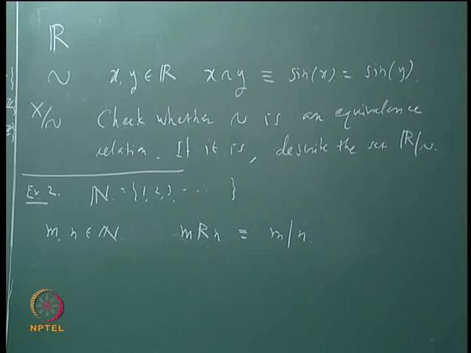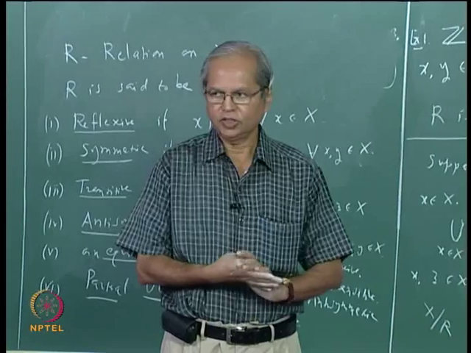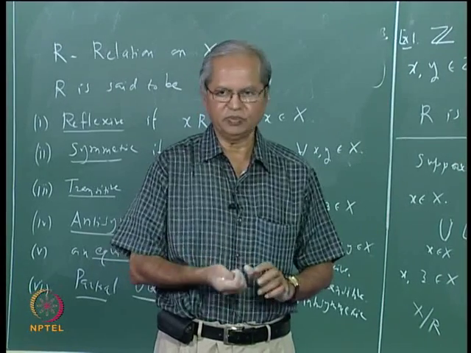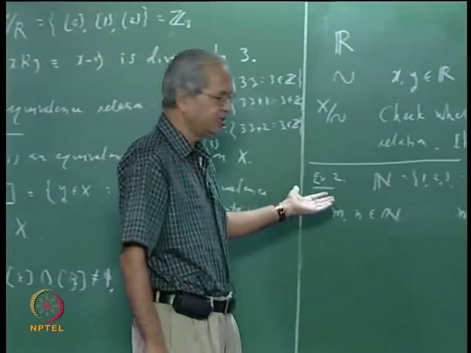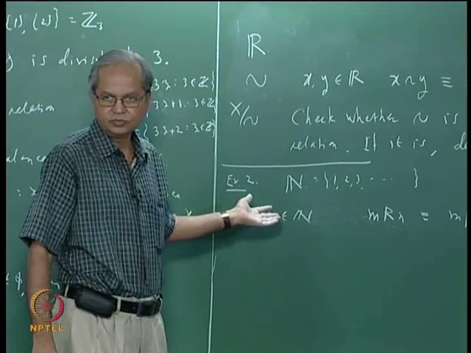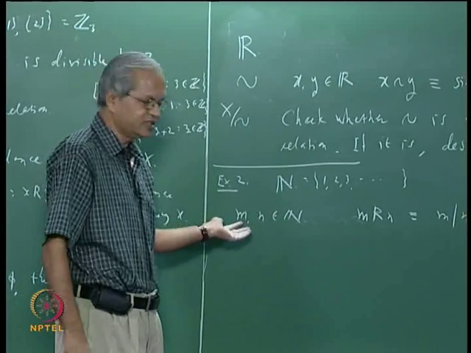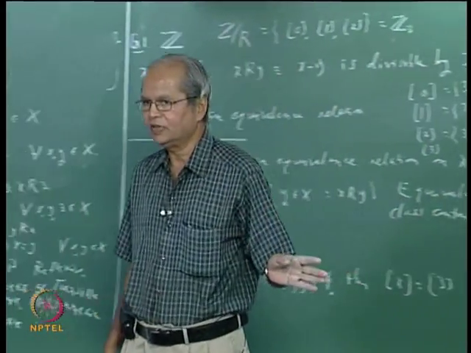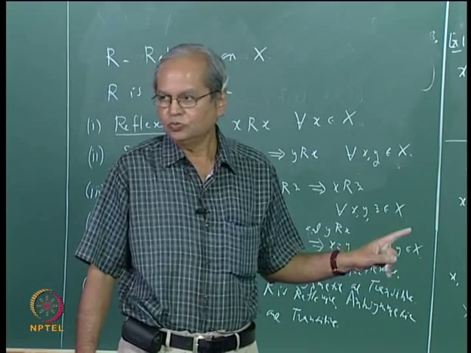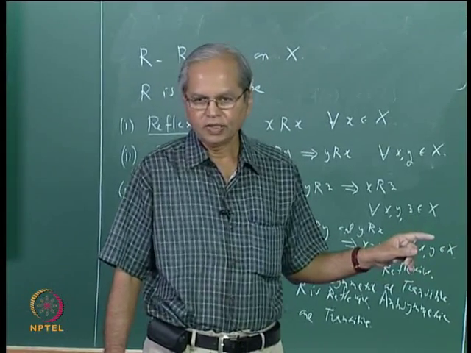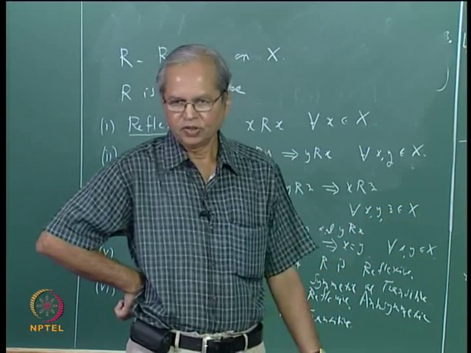Now what about this? Let us see one by one. It is reflexive, because given n it divides itself. Is it symmetric? Obviously not, because m divides n and n does not divide m, so it is not symmetric. Is it transitive? If m divides n and n divides some p, that implies that m divides p, which is easy to see.